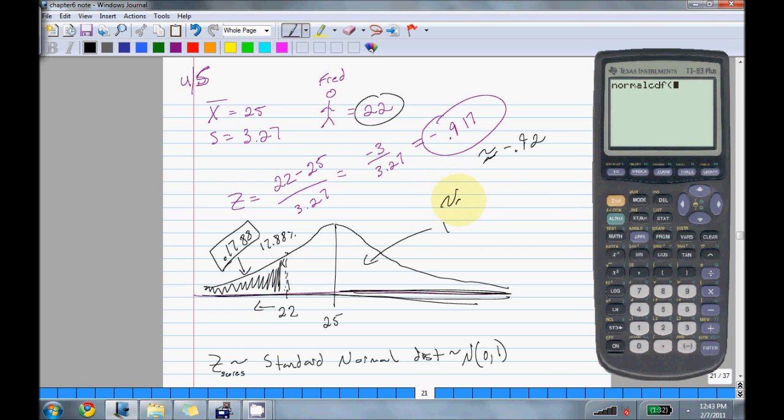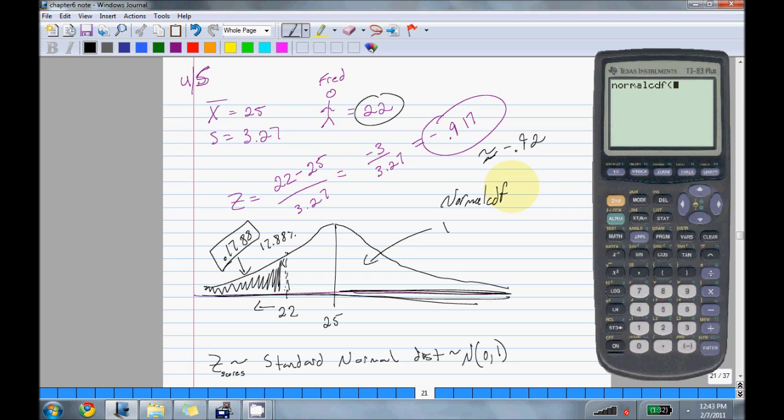And the normalcdf function is going to tell me the area between 2 points. Well, I just want to know the area below 1 point. Well, somebody give me a point that's so far that it's like the end.